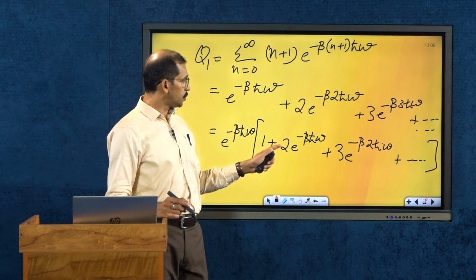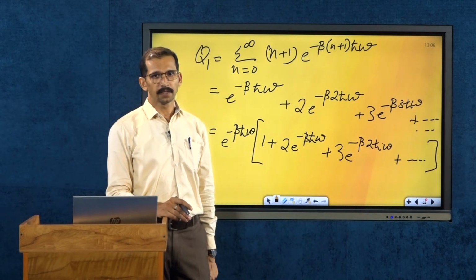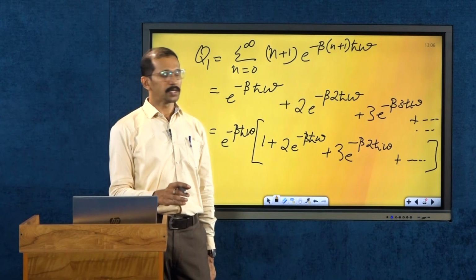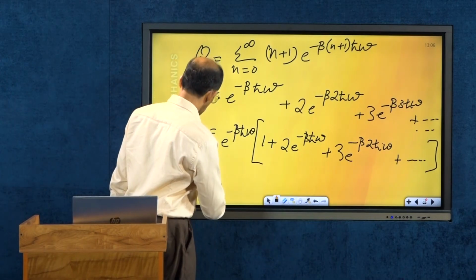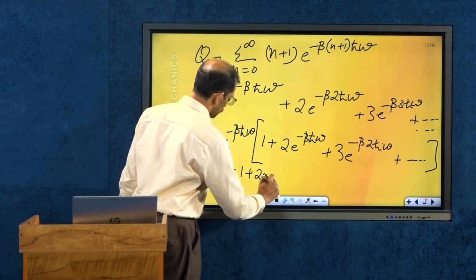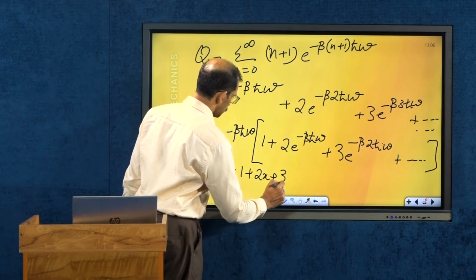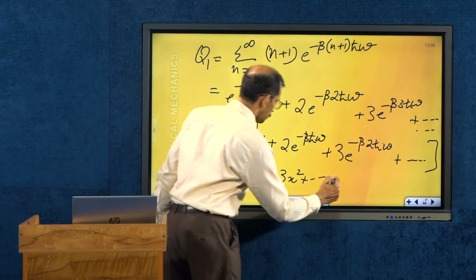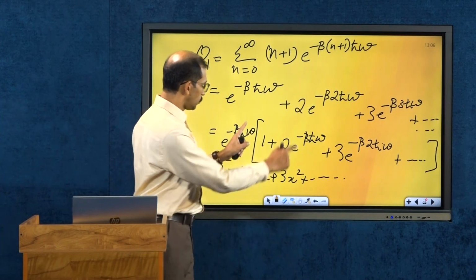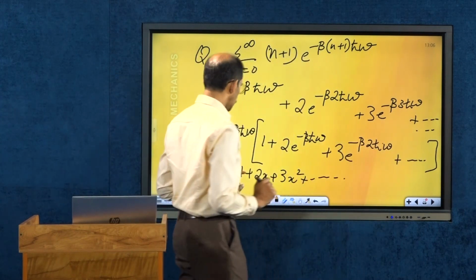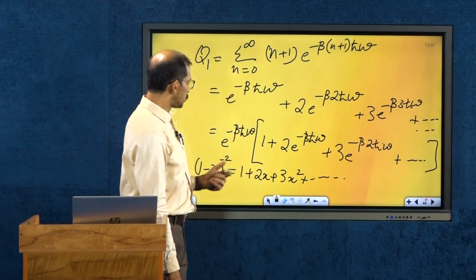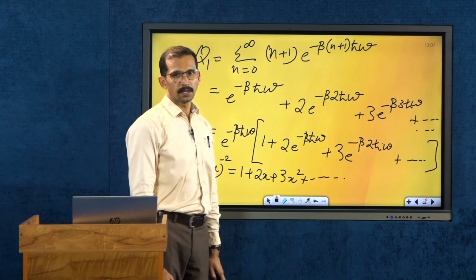So what is this? This gives me a kind of series actually, right? 1 minus x raised to minus 2 can be expanded as 1 plus 2x plus 3x squared plus etc. So the function within the square bracket can be written in terms of 1 minus x raised to minus 2, where x is equal to e raised to minus beta h cut omega.